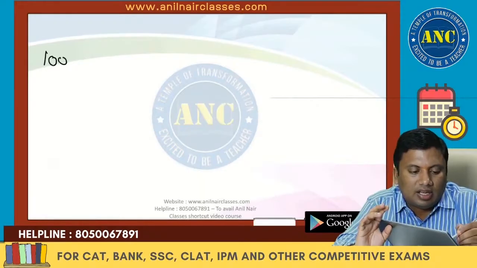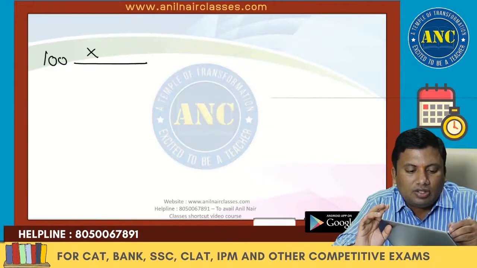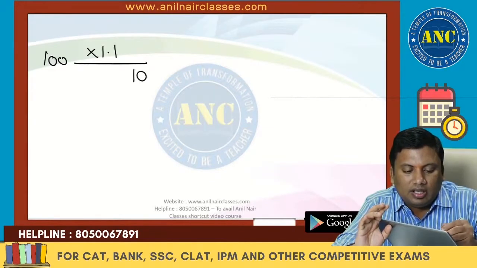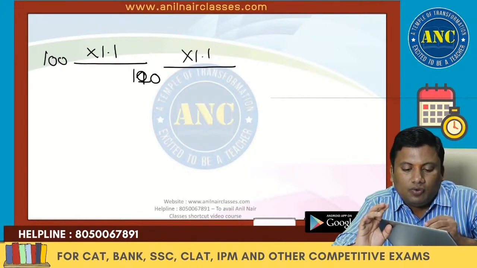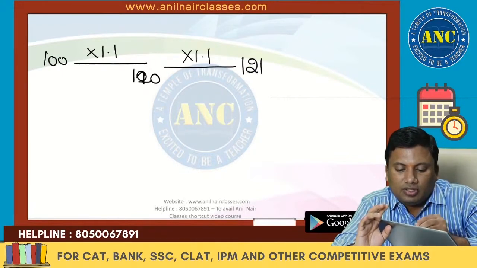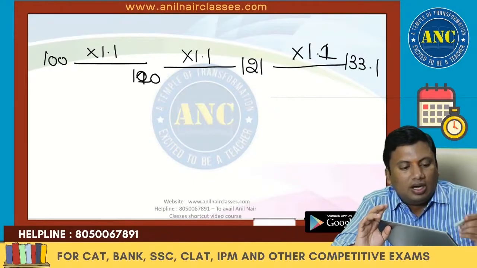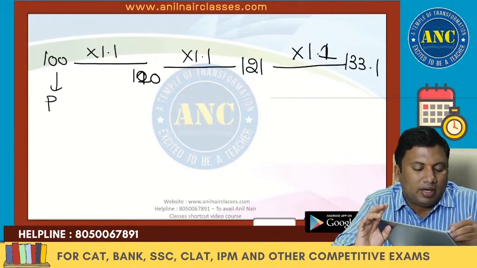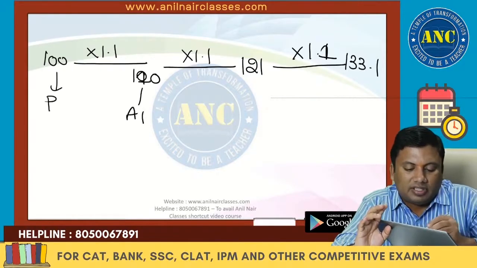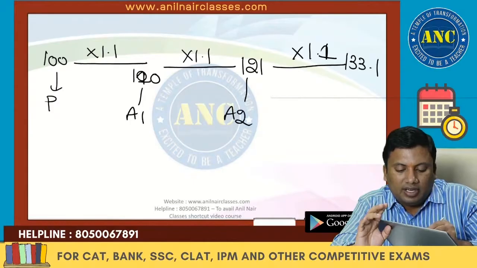Now, this is 100. Into 1.1 gives 110. Again into 1.1 gives 121. Again into 1.1 gives 133.1. Listen carefully. This is the principal. This is the amount after the first year. This is the amount after the second year.